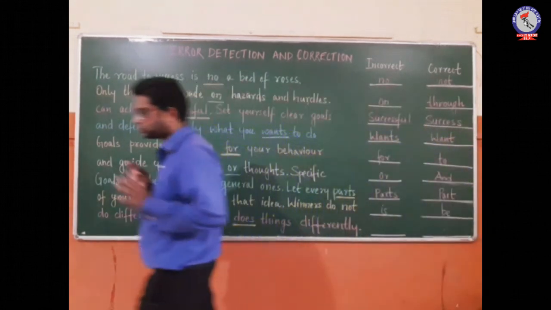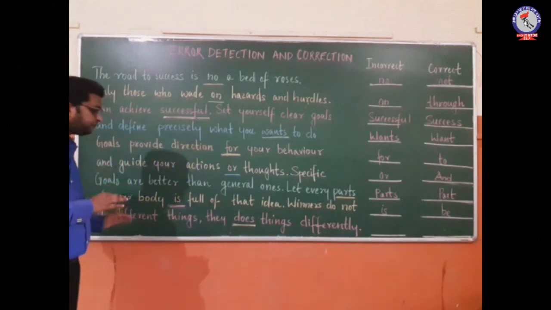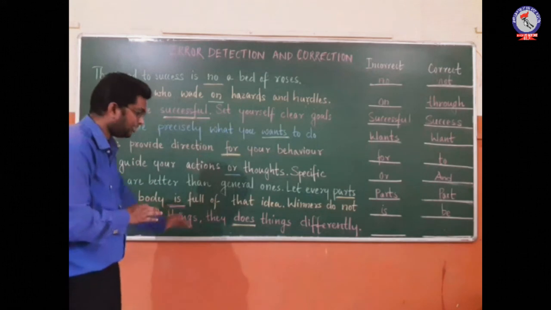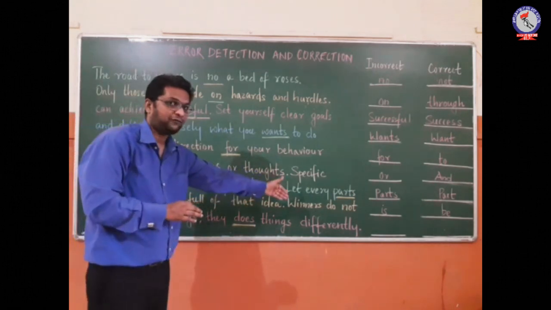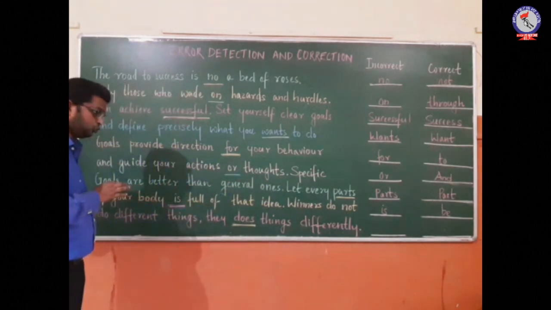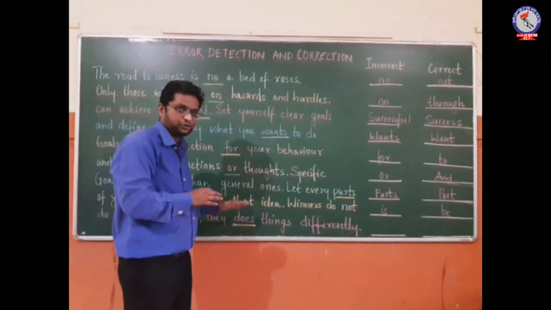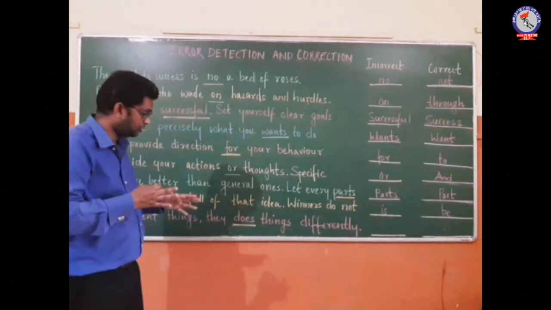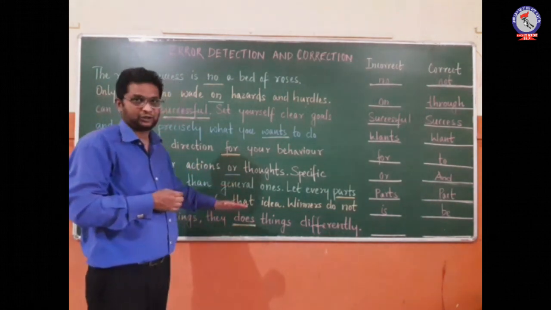Now move to the last line. Winners do not do different things. They does things differently. You see here, "does" is used. That is grammatically incorrect. So this "does" is the incorrect word.